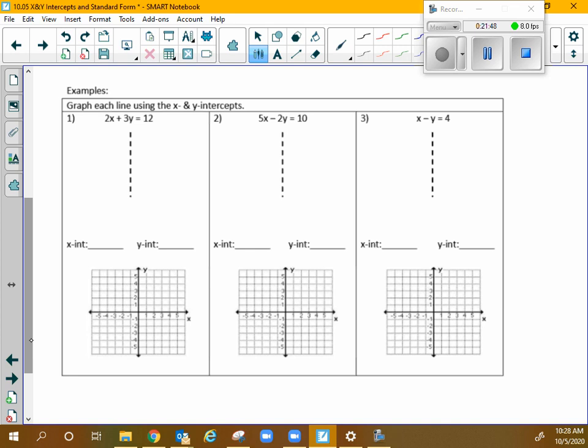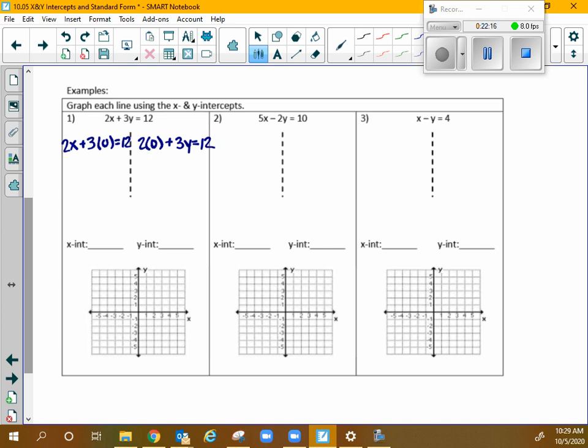I've combined a couple of things. How do I find x and y intercepts on the equations? Plug in zeros, right? So if I plug in my zeros, and I get my x and my y intercepts, let's quickly do number 1.